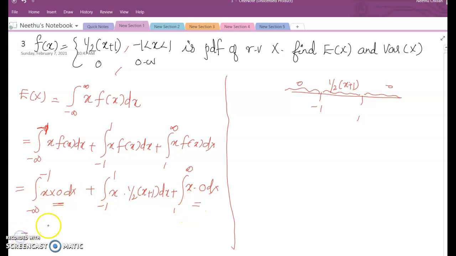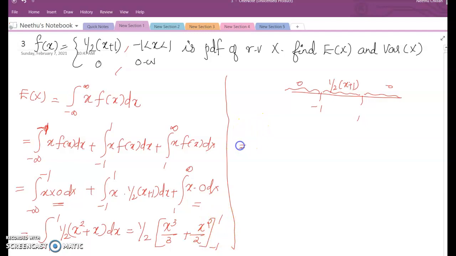Therefore, this is equal to integral minus 1 to 1, 1 by 2 into x square plus x dx, that is equal to 1 by 2 into x cube by 3 plus x square by 2, limit from minus 1 to 1.